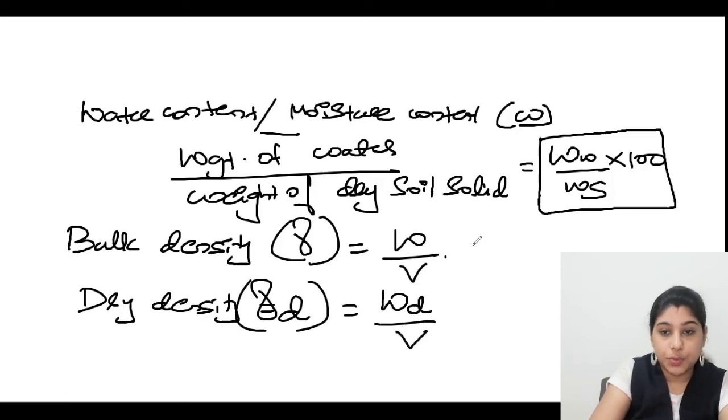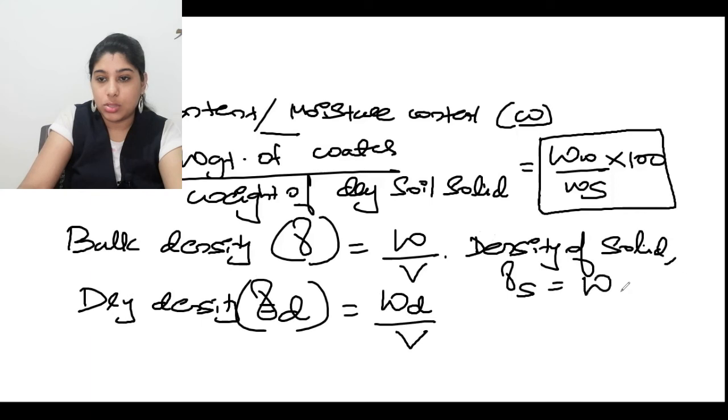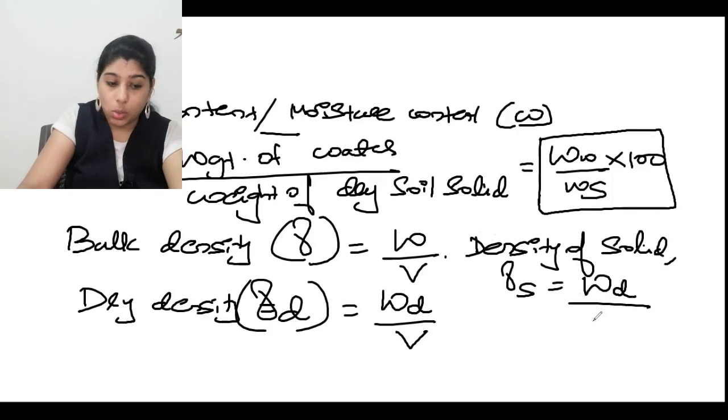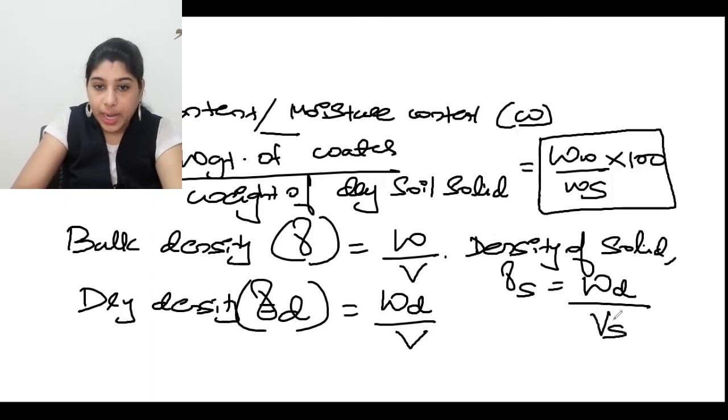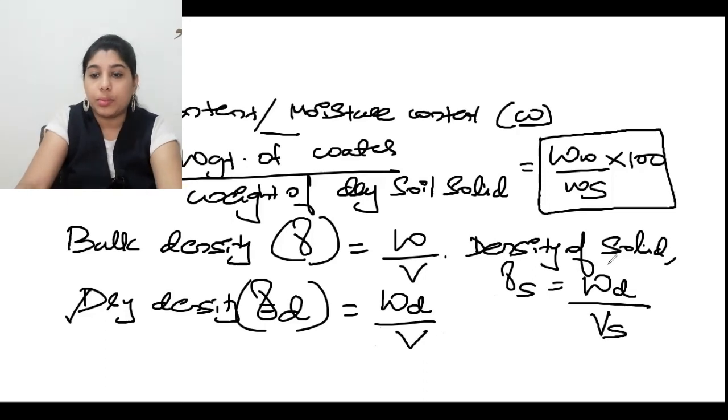If it is density of solid, it will be gamma S, the weight of the dry soil solid by the volume of the soil solid. This is the difference. Dry density means weight of the dry soil solid from the total volume, but density of solid will be from the volume of solid.